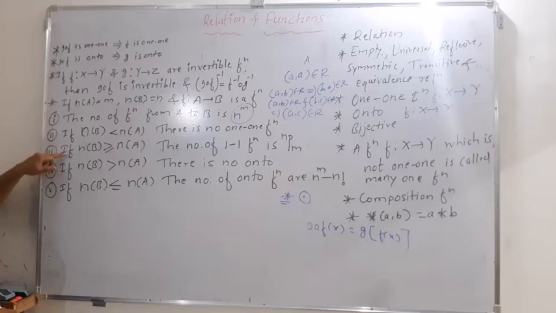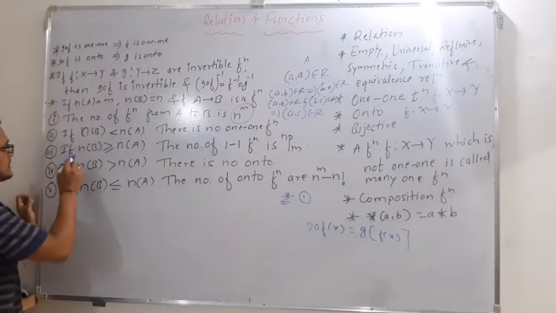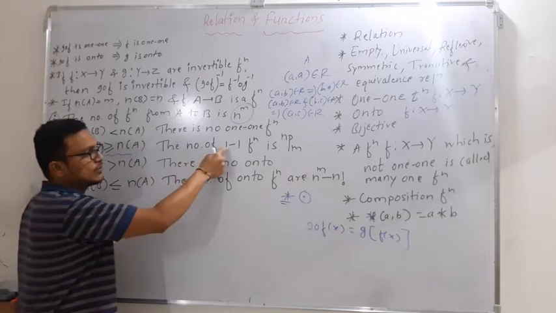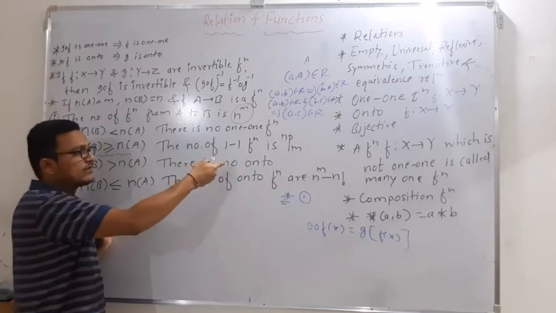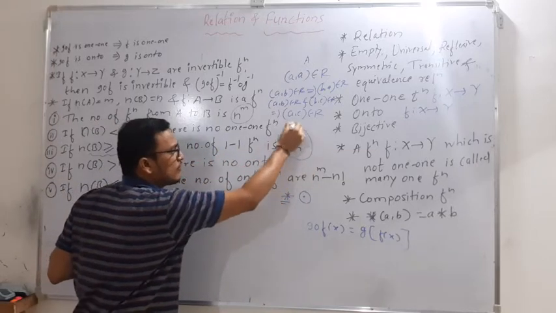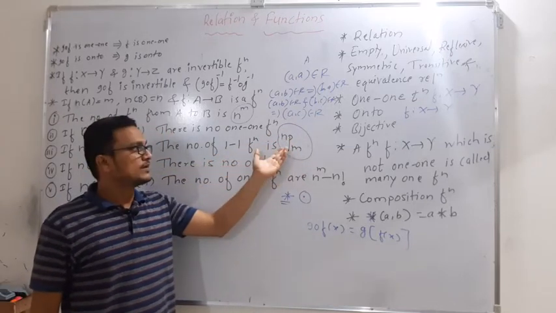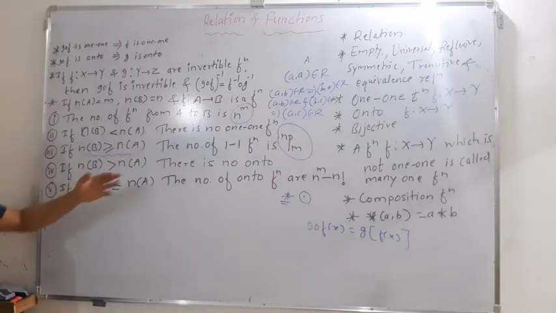Next condition, if n(B) is greater than or equal to n(A), then the number of 1-1 functions is given by nPm. This is a permutation, so by using permutation concepts we can find the answer.